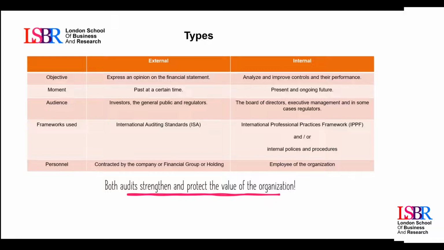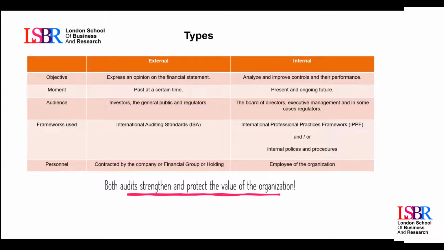So external audit is based on the past, and internal audit is in the present and ongoing future, because the internal audit looks to review internal control. So we need to know how the internal control is working, and to improve this internal control and have results in the future. So the moment is another difference.